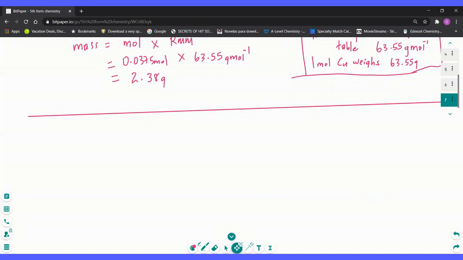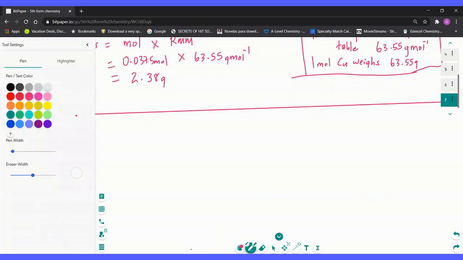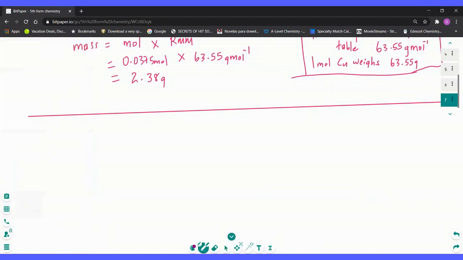Most times we call it RMM when it's a compound, and when it's just one atom by itself, we call it RAM. But just not to confuse you, I just call it RMM all the time. All right, let us see now if we could have done a similar question in a shorter way. Now we understand the principles, I can show the shortcut method. Let's look at this question.